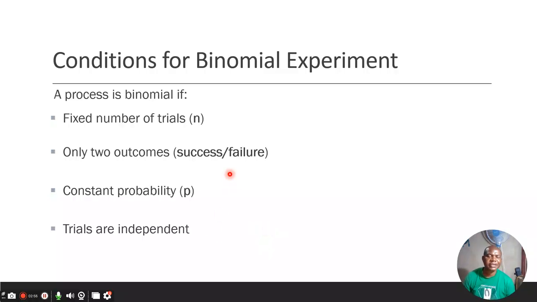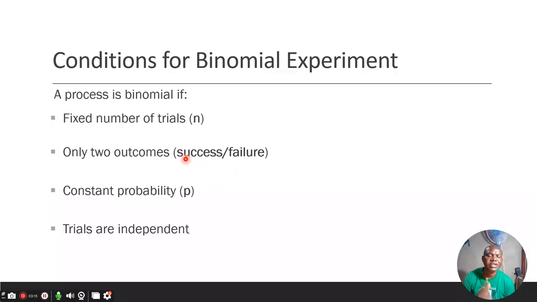But there are important conditions for a binomial experiment that you must be familiar with. The first condition is you must be dealing with a fixed number of trials. Okay, an absolute number: 4, 5, 6, 3, 2. It must be a fixed number of trials.